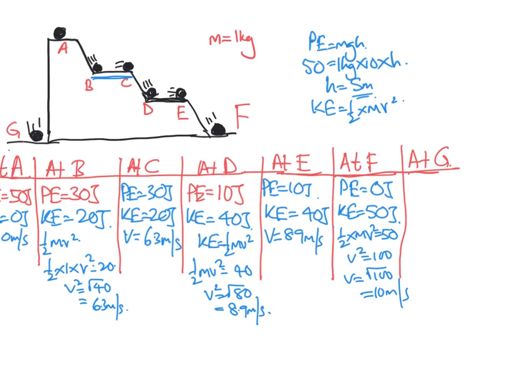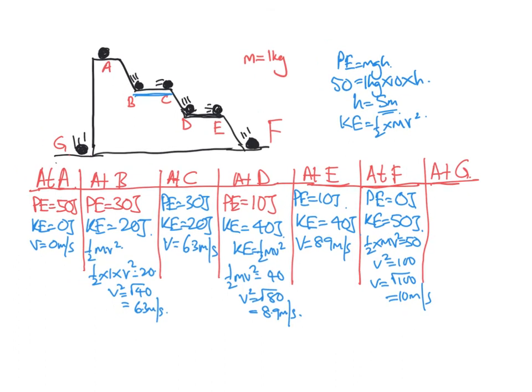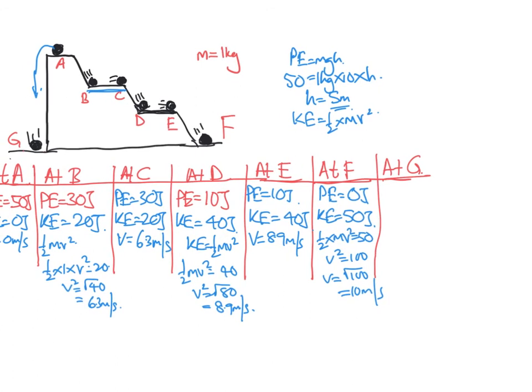Now let's look at G. At G, imagine that the particle is just falling downward from A, instead of going through the steps. At A, v equals 0 meters per second, and m is 1, we don't need that.